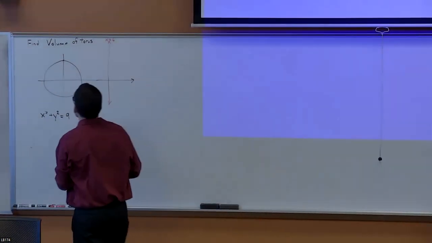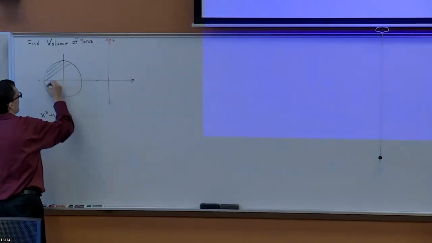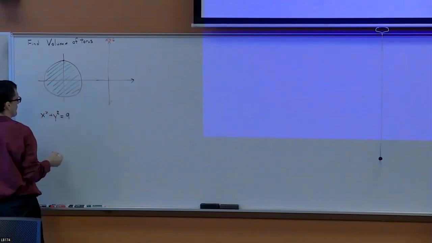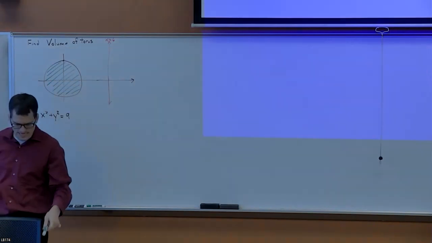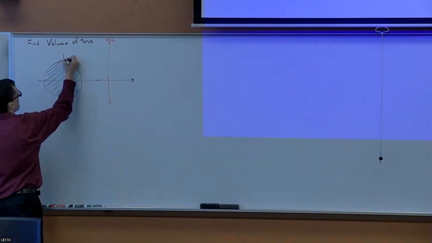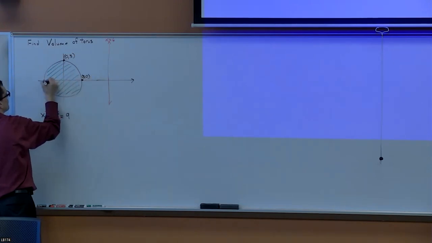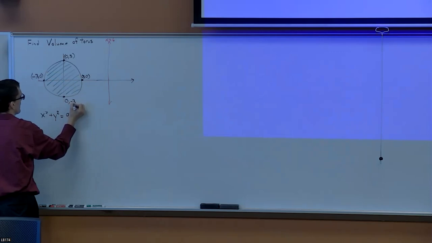Now, we're going to use the shell method. Again, my region is this entire thing, the entire circle, again centered at the origin. And let's label these points so that we're all on the same page. This is the point 0, 3. This is the point 3, 0. This is the point -3, 0. And this is the bottom point 0, -3.